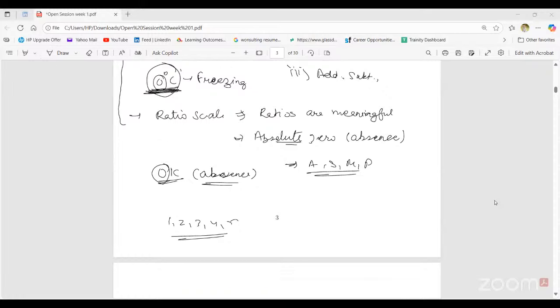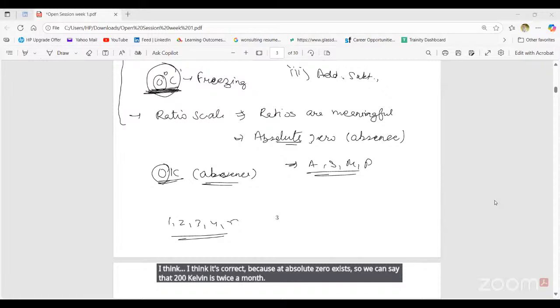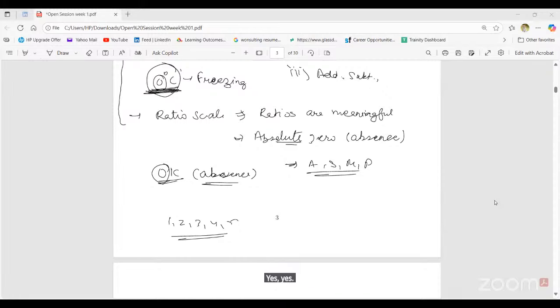I think it's correct because our absolute zero exists, so we can say that 200 Kelvin is twice of 100 Kelvin. Yes. Okay. That was all. Okay. Anything else? Anyone else?